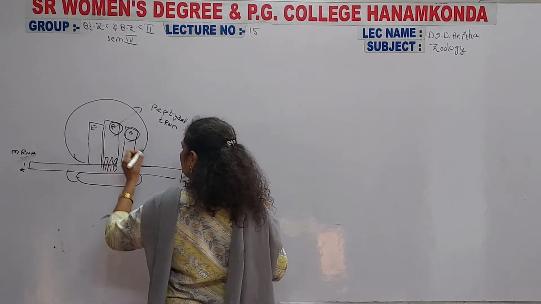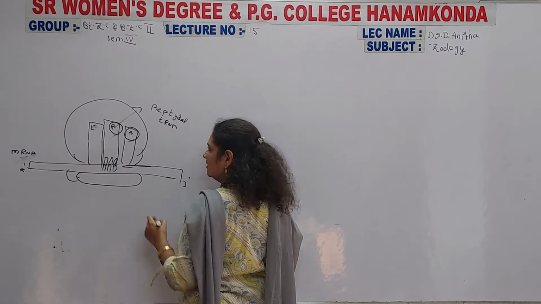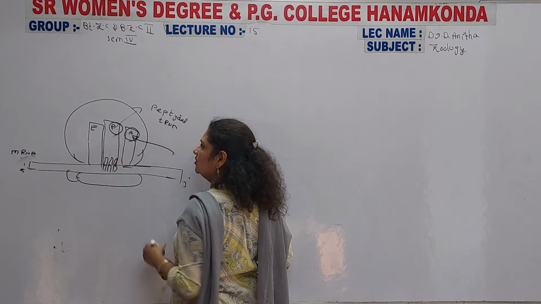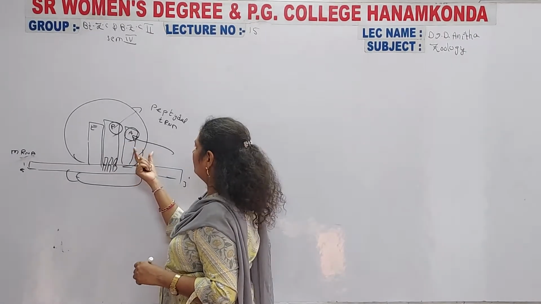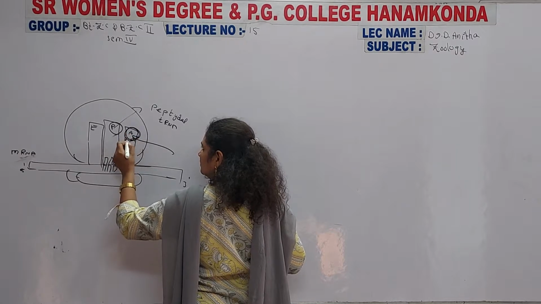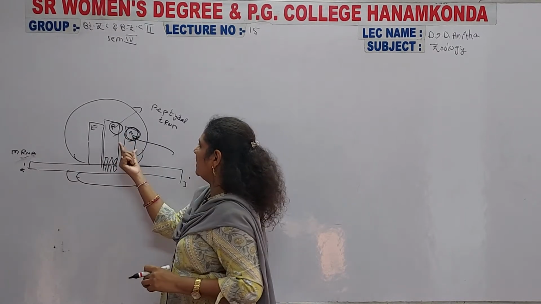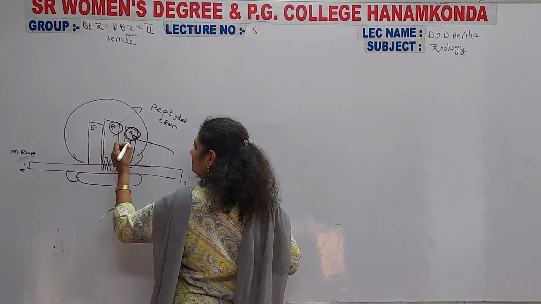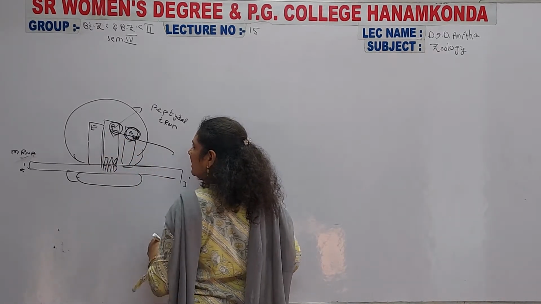A is the accepting site, and a fresh amino acid is first going to occupy the A site. After the amino acid reaches the A site, it is immediately transmitted to the peptidyl tRNA.